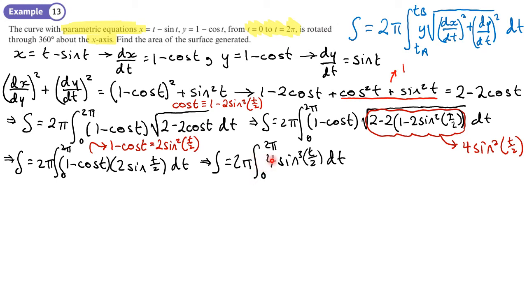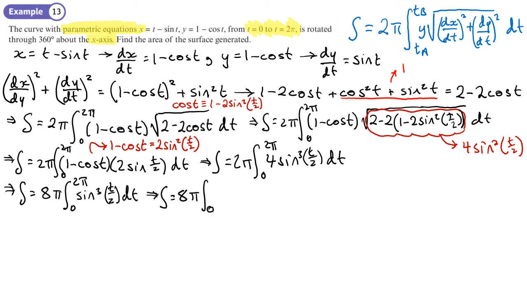Right, in the next step we're going to move this 4 over because it's a constant. So now we have 8 pi as our constant, and then we need to think about how we're going to integrate this sine cubed. Well, if we write it as sine squared times by sine, so sine squared t over 2 times by sine t over 2, then use another substitution.